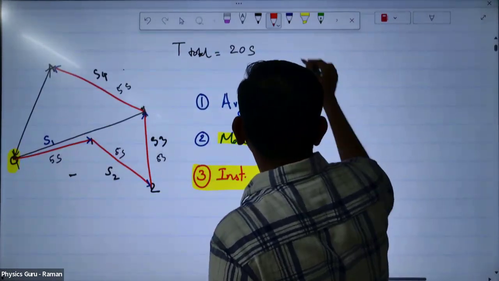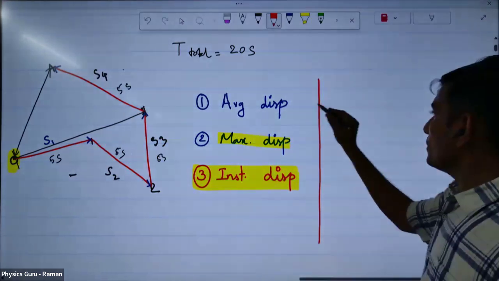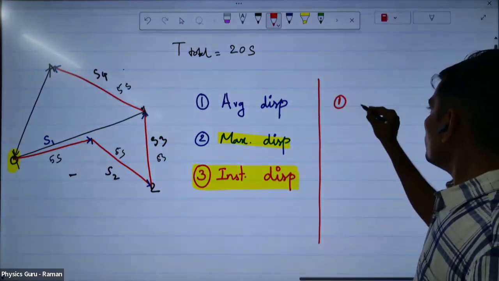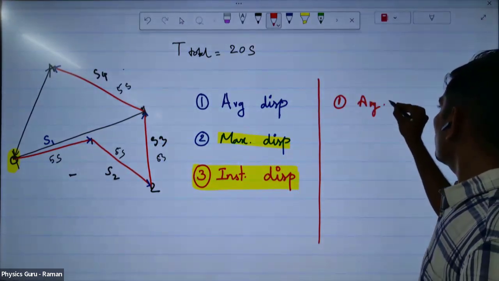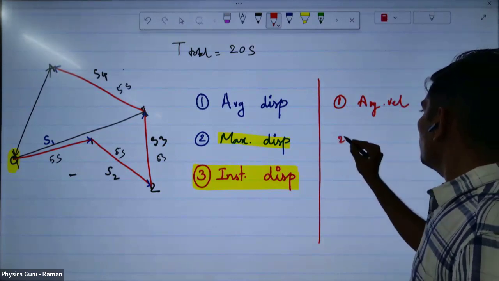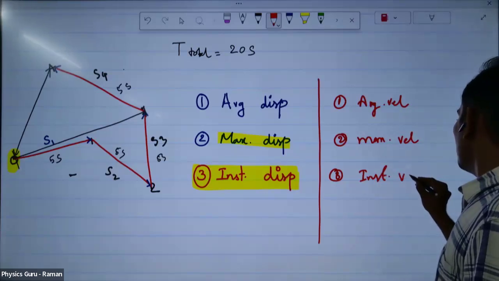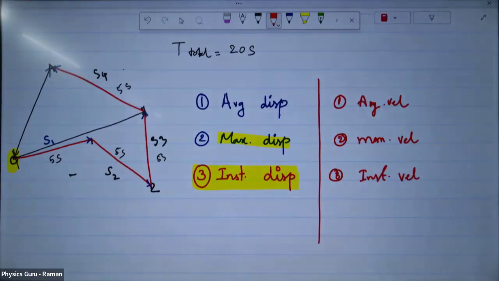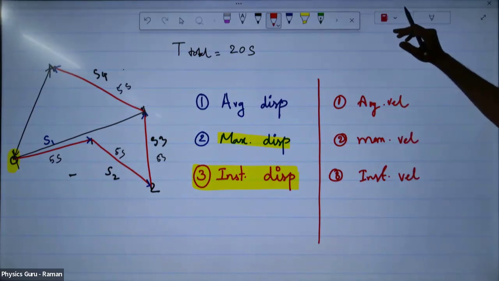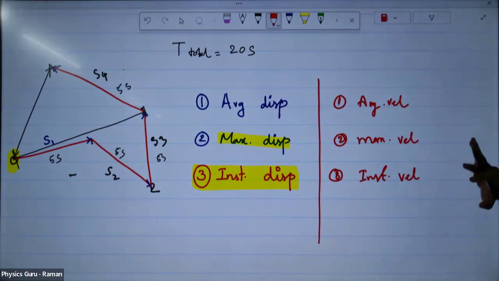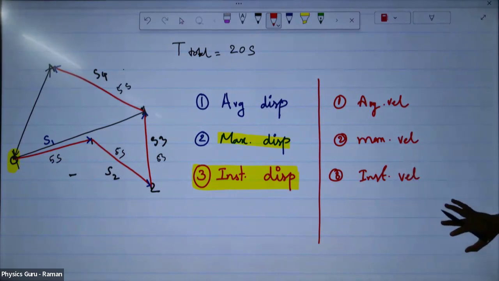Velocity can be written as average velocity, maximum velocity, and instantaneous velocity. And acceleration can be written as average acceleration, maximum acceleration, and instantaneous acceleration.